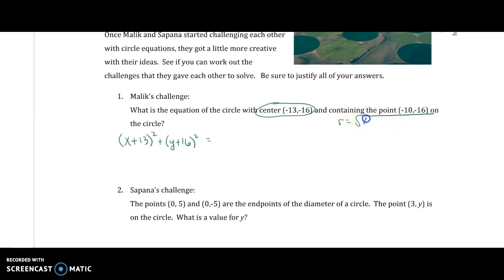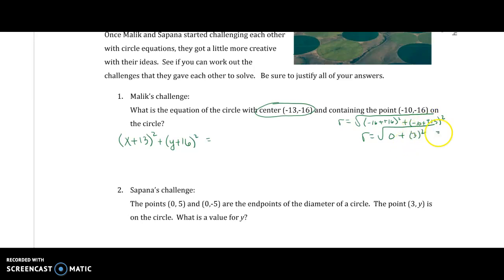So the radius is the square root of, let's say, negative 16 minus negative 16 all squared, plus, and I subtract the x, negative 10 minus negative 13 all squared. So when I bring that, I get the radius is the square root of 0 plus negative 10 plus 13, which is 3.